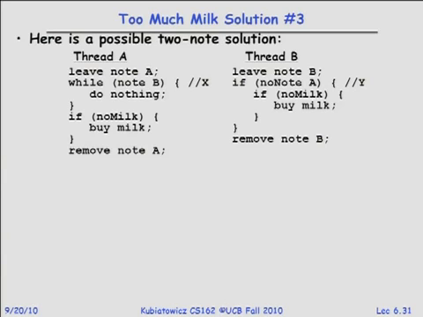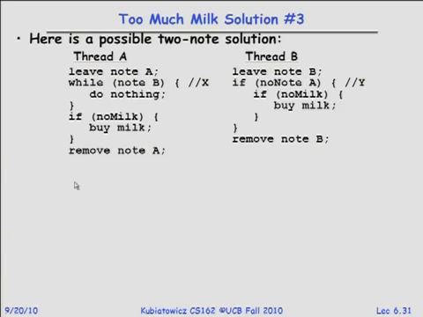Yeah, notice we've got some wait condition going on here, and we're trying to be a little bit clever about it. Like we leave our note, which is kind of like a promise to investigate, and as long as B has got a note up there, we don't really know what B is going to do. So we kind of stall until the note goes away, and then we buy the milk.